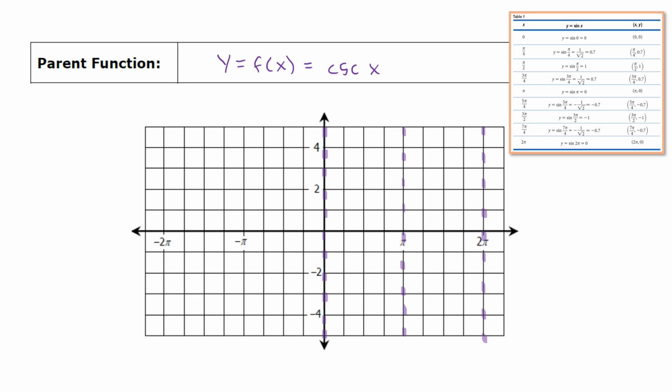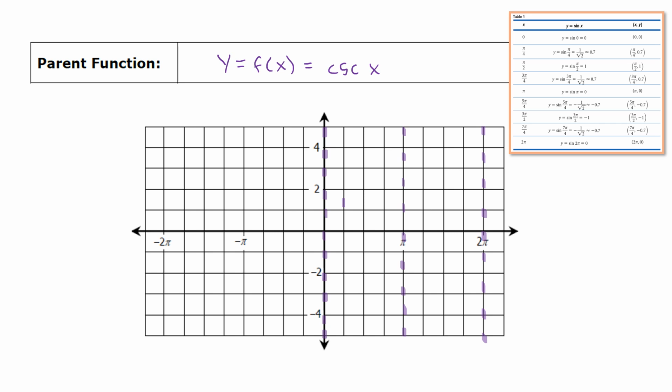So let's graph. So we have 0.7, so if we were to take the reciprocal of that, we would have roughly 1.4. So pi over 4 is roughly 1.4, so almost 1.5. Let's put that right there.